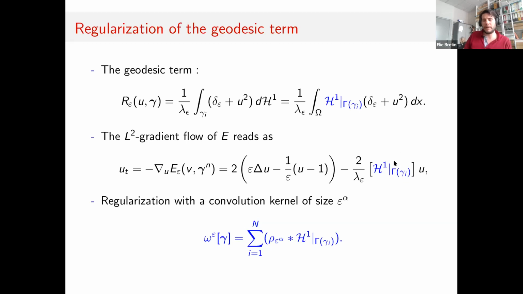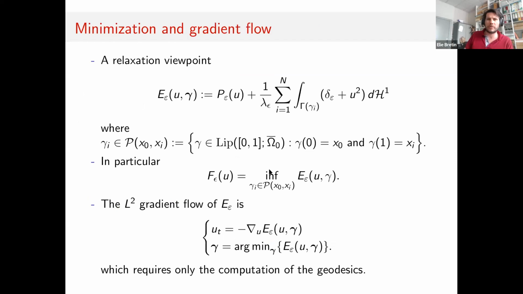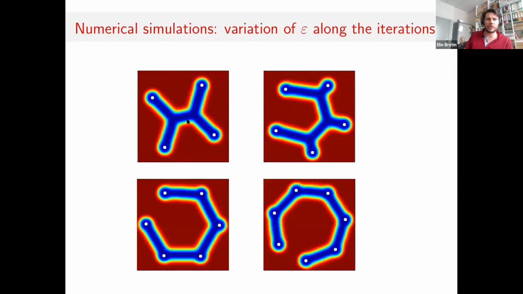And in the phase field approximation, in a certain sense, the minimum size is given by epsilon, and you see that we can have some numerical issues for the resolution of this kind of equation if you have here a Dirac mass on gamma I. And so a natural strategy consists in smoothing this term by a convolution kernel of size epsilon alpha.